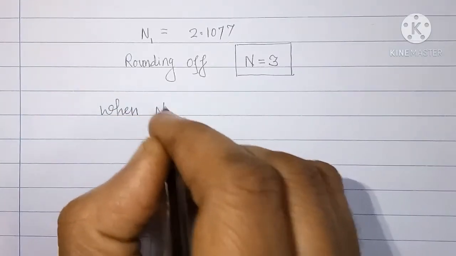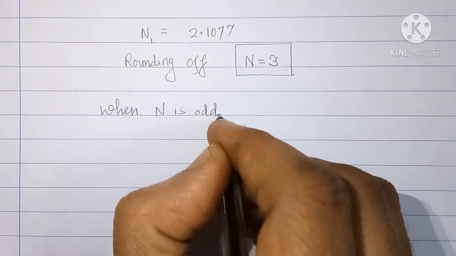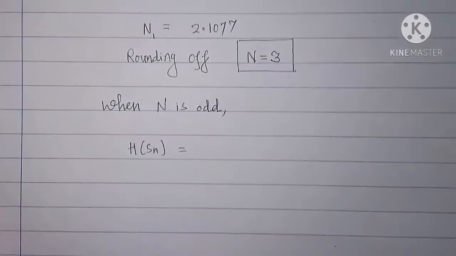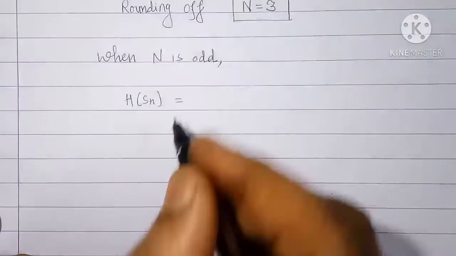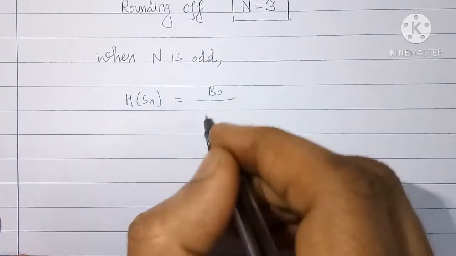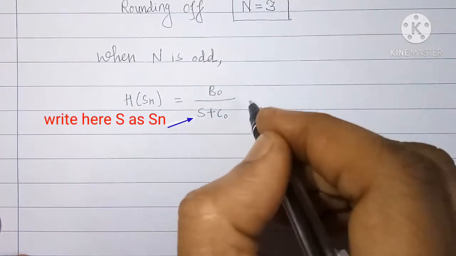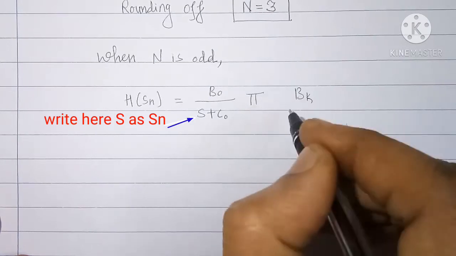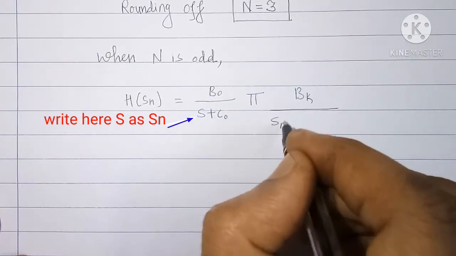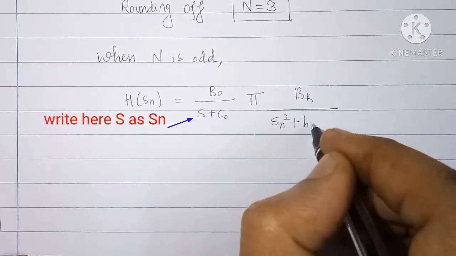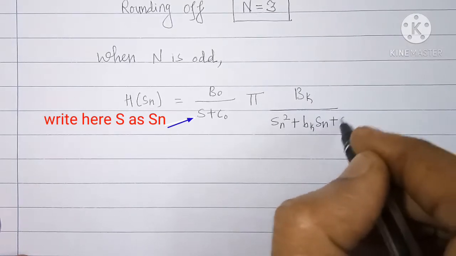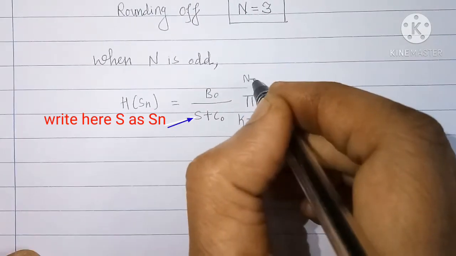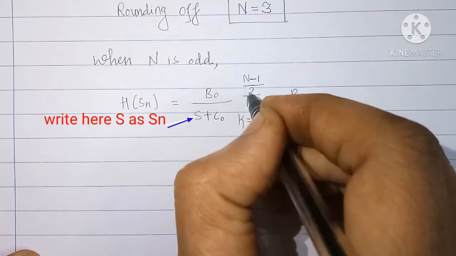We know that when n is odd, the normalized transfer function H of Sn of a Chebyshev low pass analog filter is B0 upon (S plus C0), times the product of Bk by (Sn square plus bk into Sn plus Ck) for k equal to 1 to (n minus 1) by 2.